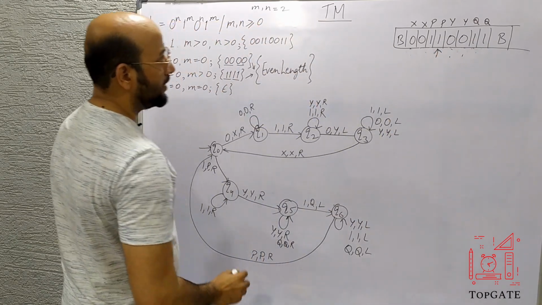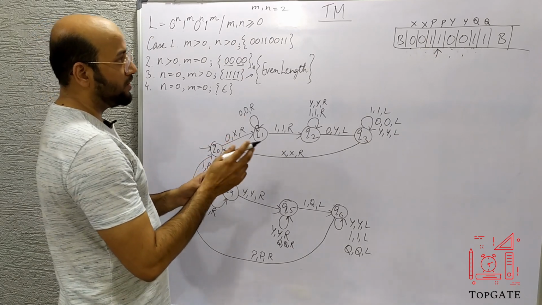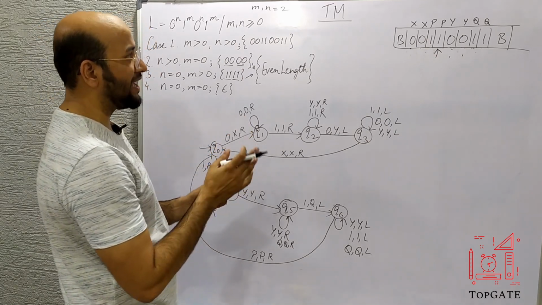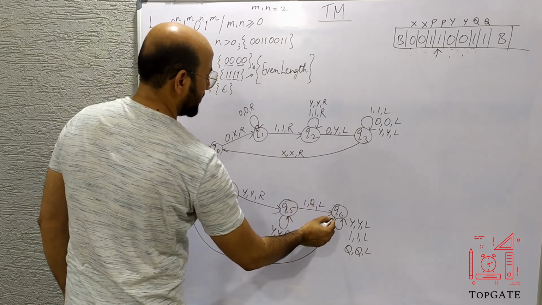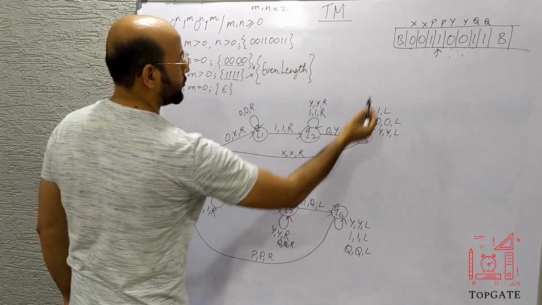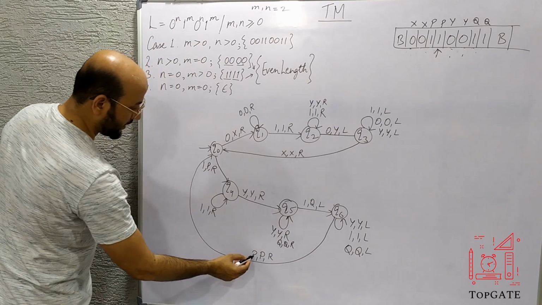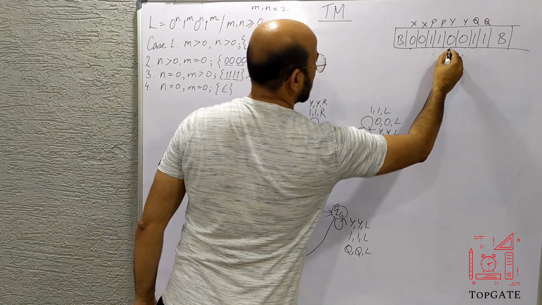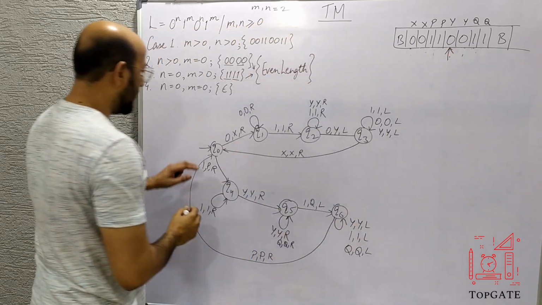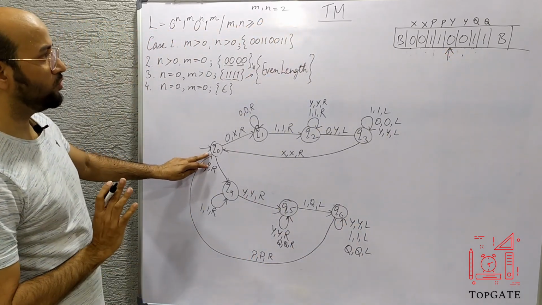Okay, now I have reached the p, and from this p I have to start my next iteration. So therefore I'll again come to the initial state. So if you find p, you should take this move, keep it as p and go to the right side. So pointer will now point on to this y now, and the machine is at q0.